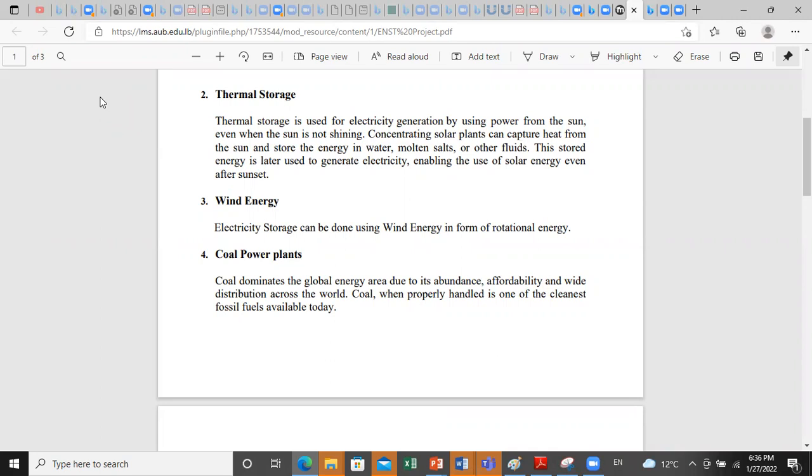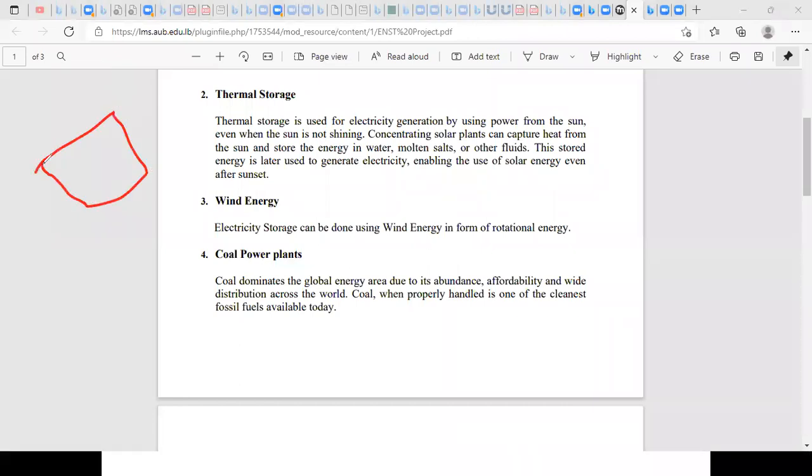So in this case, in conjunction with the solar system, we should use another system linked to it that can store the energy when it's in excess. And for example, let's say we have a solar system.